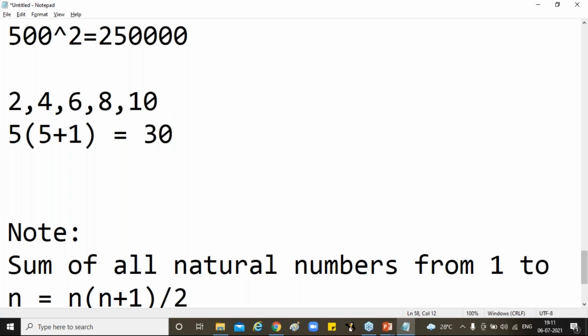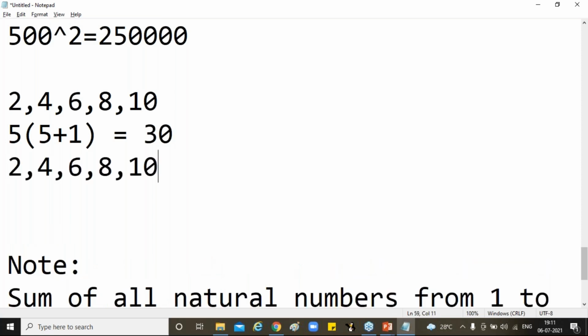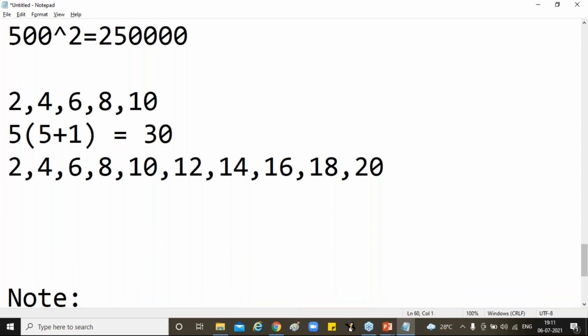Whenever the number of even numbers is 10, from 1 to 20, the sum should be 10 into 10 plus 1, which is equal to 110.